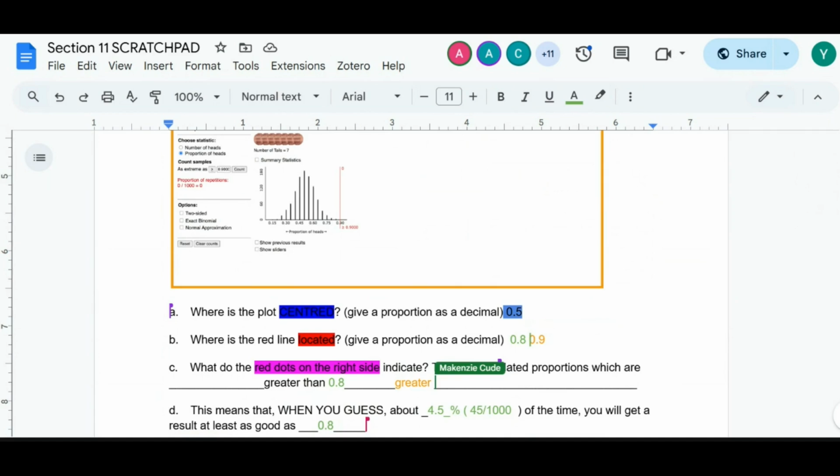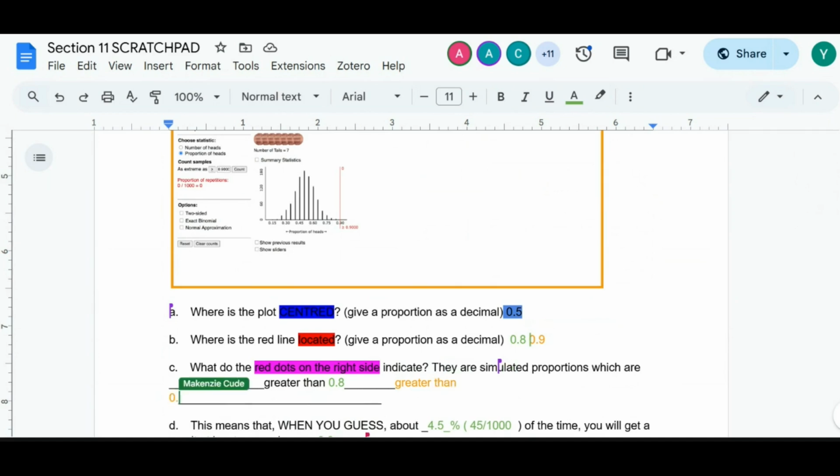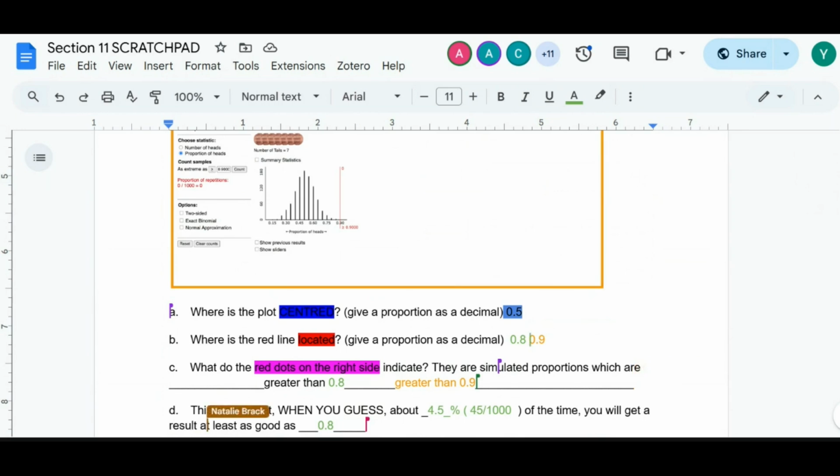These are simulated proportions which are greater than, in this case, 0.9. Did they ever get a simulation greater than 0.9 according to the picture? For them, what is their percentage of simulation? They have a score as good as 0% of the time.